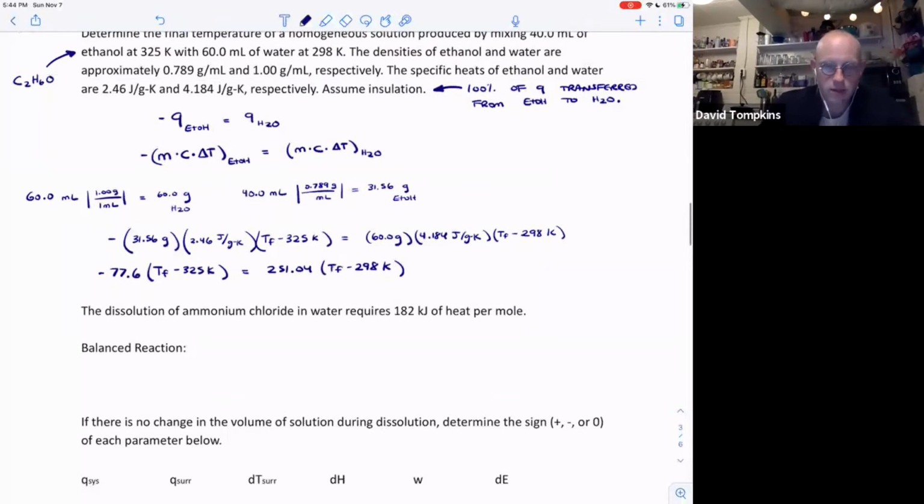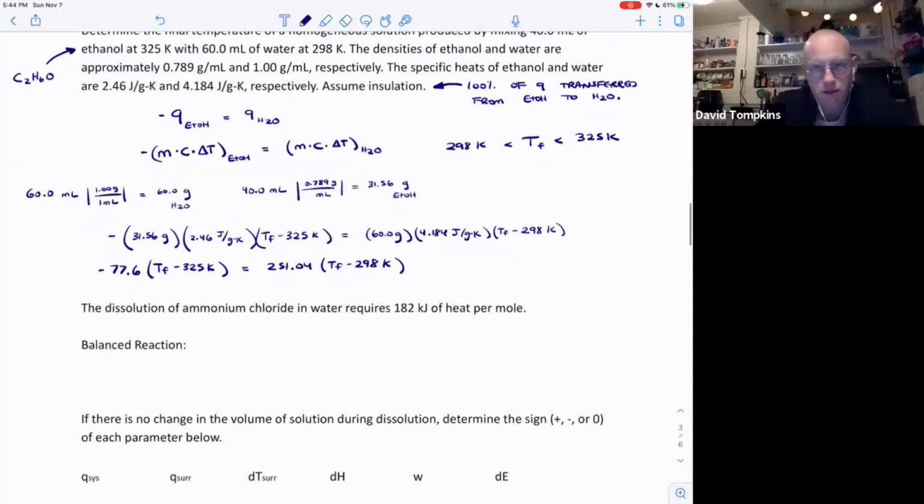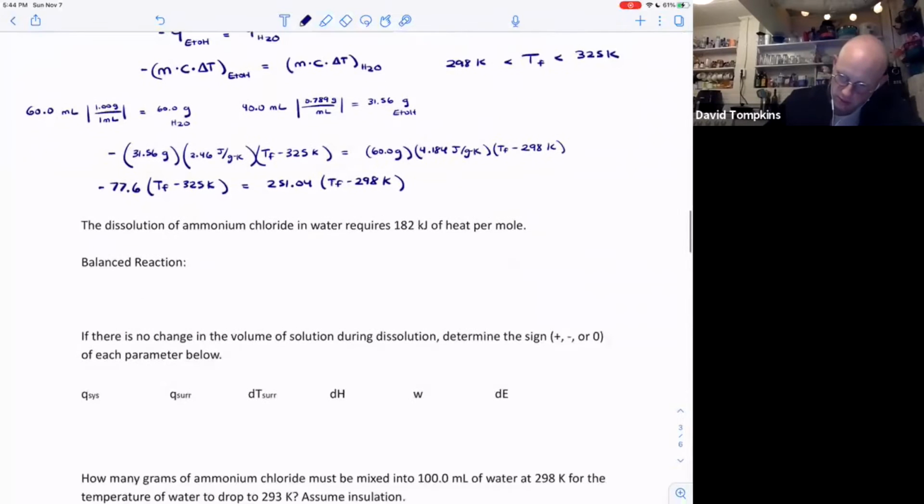Now we can get some expectation for where T final should be. The ethanol, which was at a higher temperature, should cool down. And the water, which was at 298, should warm up. So T final in these mixing problems, if you assume insulation, is always somewhere between the initial temperatures of the two substances that were at different temperatures. So more algebra here.